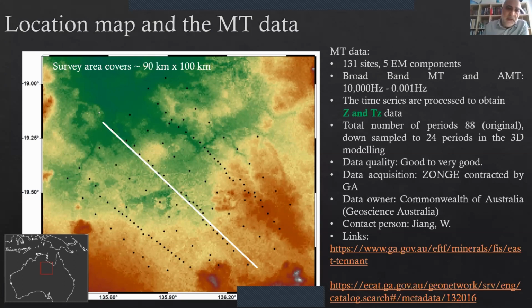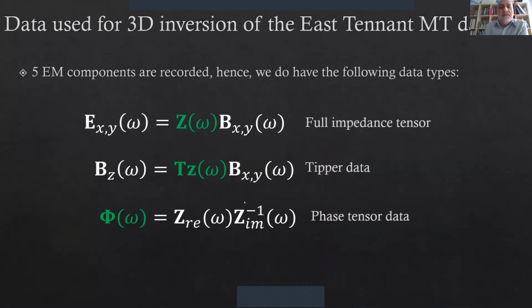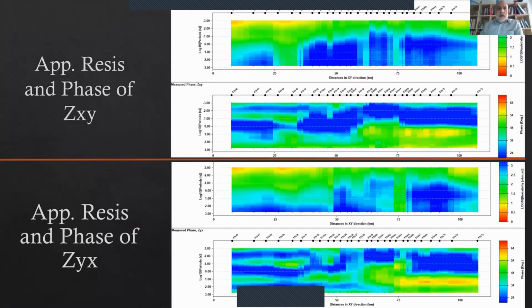Now I will show you a pseudo section along this white line. Here are two kinds of pseudo section, and usually the impedance tensor is presented as apparent resistivity and phases, like sounding curves, for each component in the complex impedance tensor.